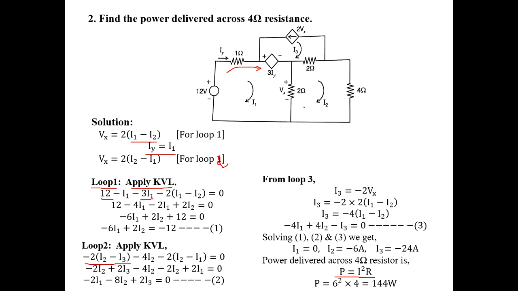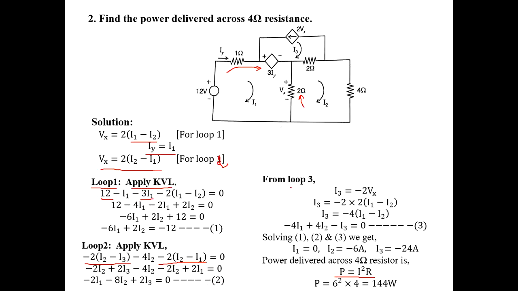Next, for loop 2, Vx is 2 into I2 minus I1. This is the resistor voltage drop, so minus 2 into I2 minus I1 equals 0. Then splitting the terms, we get the equation as 2 I1 minus 8 I2 plus 2 I3 equals 0.